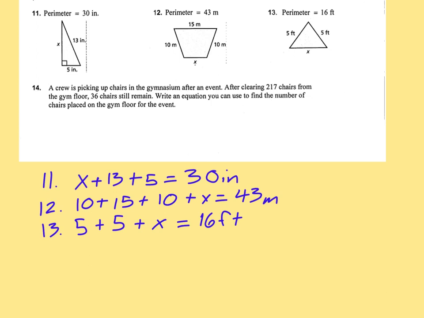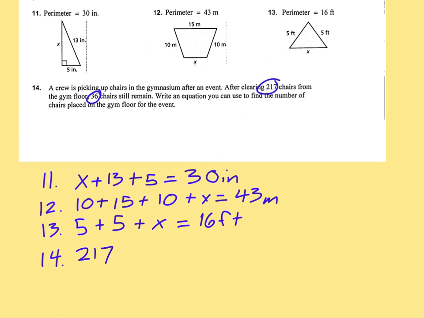So the thing that we're looking for is the total. So we're going to use the numbers that we have. If we have 217, we would start out with the 217. That's how many they cleared. And then we would add. I know it seems like we would subtract maybe on this, but we're trying to find a total.